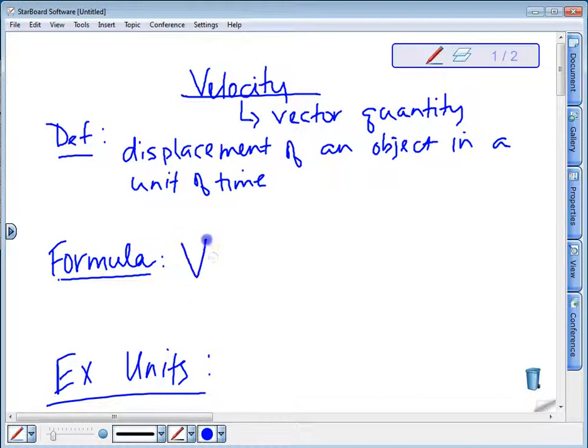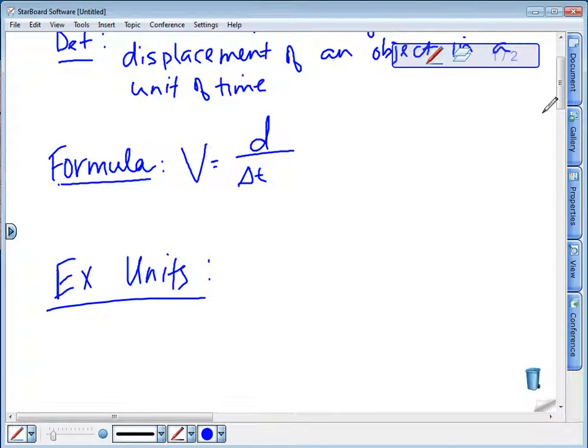The formula looks very similar to the speed formula, except instead of distance, we're going to put displacement. Velocity is displacement over the change in time. So our units are going to look very similar to our speed units, except that they're going to have a direction with them. So we could have a negative some number of meters per second, or a positive number of miles per hour.